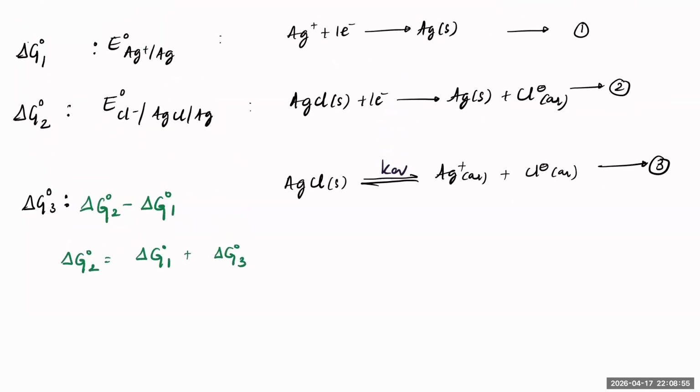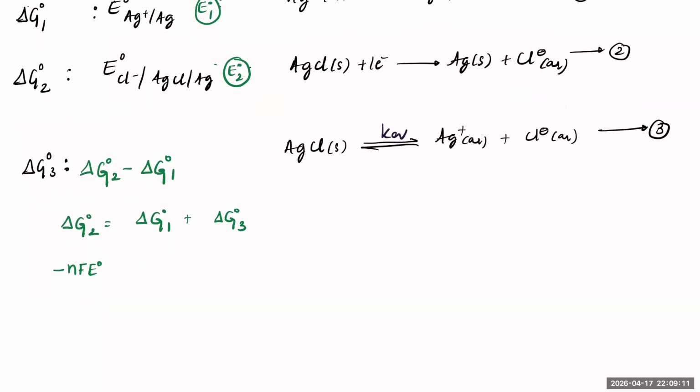And delta G naught in terms of the reduction potential, I can write as minus nF E naught. Let us write this as E naught 1 and this one as E naught 2. So I can write minus nF E naught 2 is equal to minus nF E naught 1 plus delta G3.